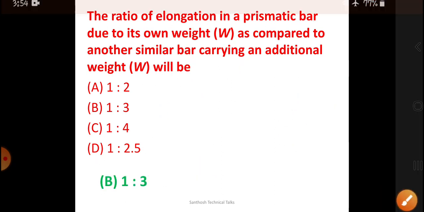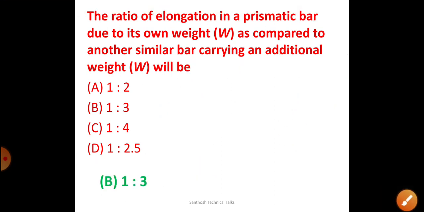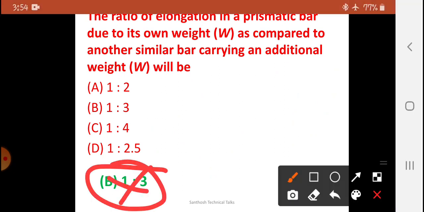So 1 is to 2. Sorry, a prismatic bar. 1 is to 2 is the correct answer. Maybe this answer is wrong, I think. If it is a bar carrying a tapering section, then this answer will be correct. So this is the correct answer.